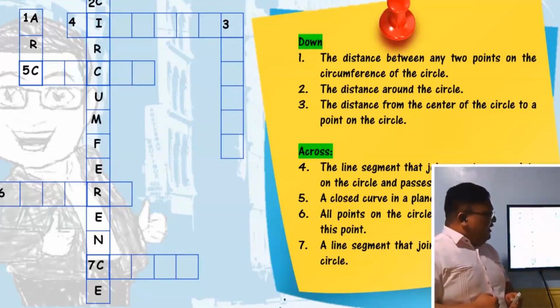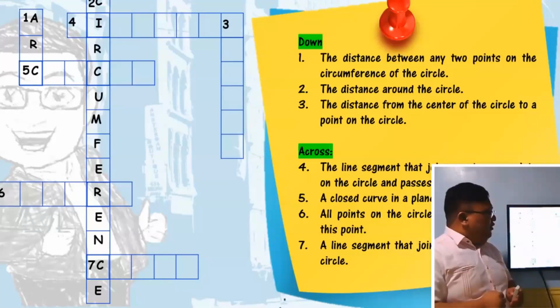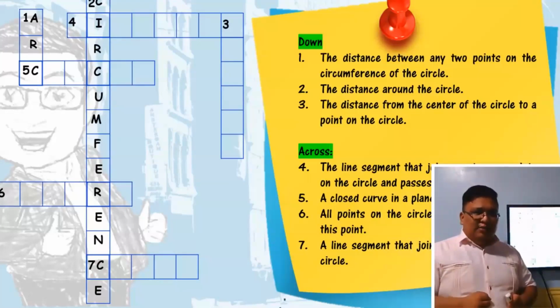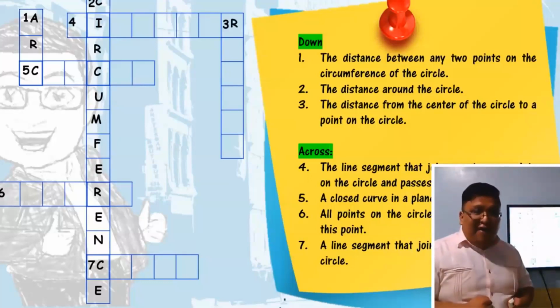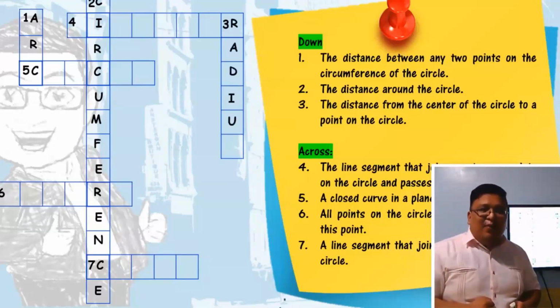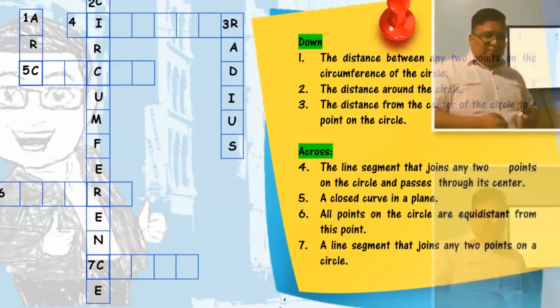Alright. Let's have number 3. The distance from the center of the circle to a point on the circle. Very good. It is radius. Okay. How about number 4?